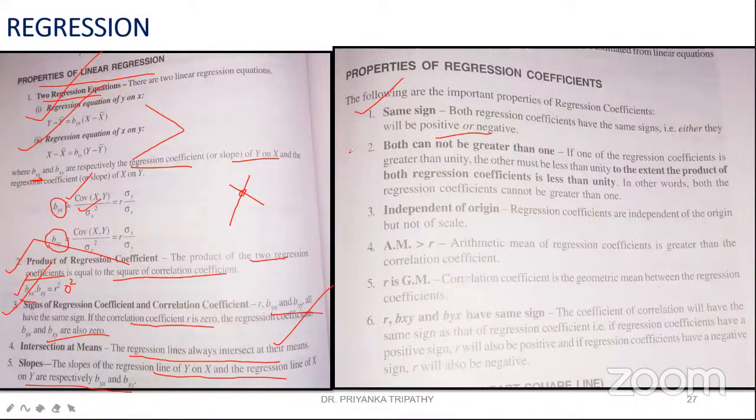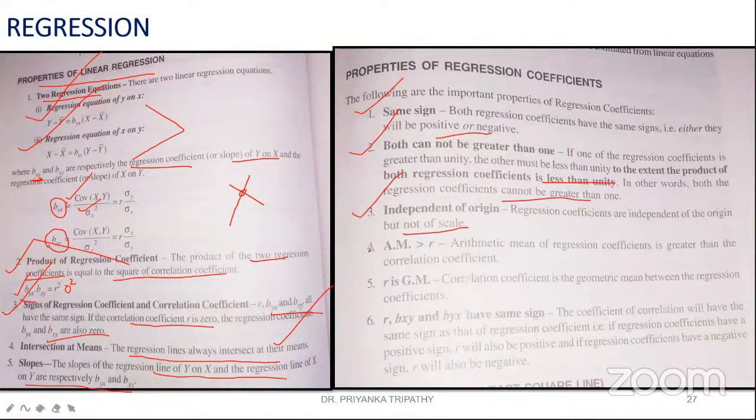Both cannot be greater than 1. If one regression coefficient is greater than unity, then definitely the other one will be less than unity. Both cannot be greater than 1 together. This we studied. Regression coefficients are independent of origin but not of scale.